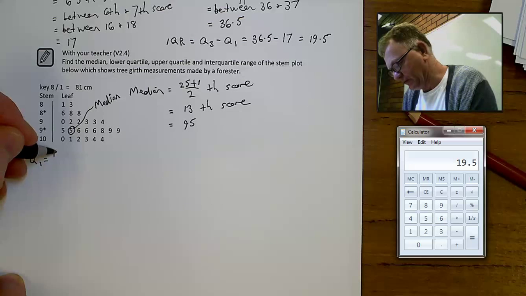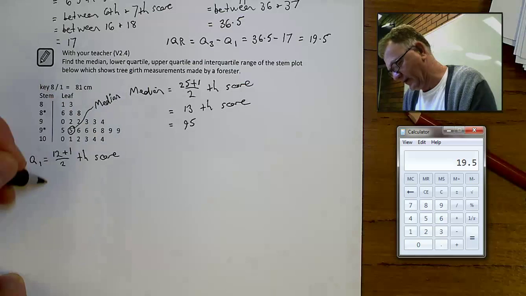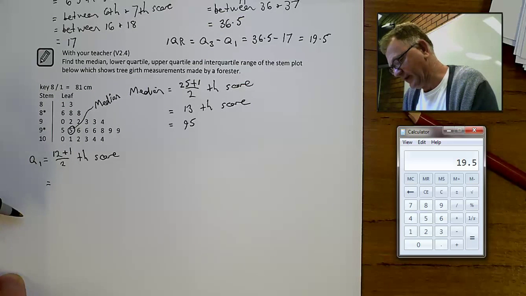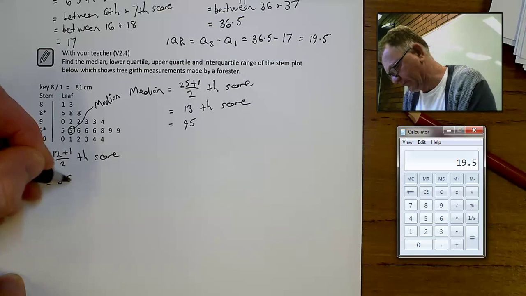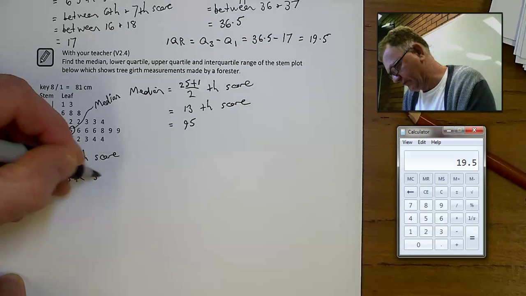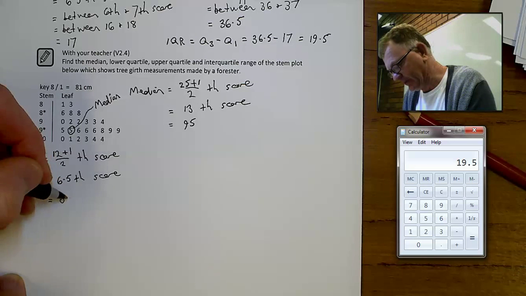it'll be 12 plus 1 over 2. The lower quartile will be the 13 over 2, the 6.5th score. That's between the 6th and 7th score.